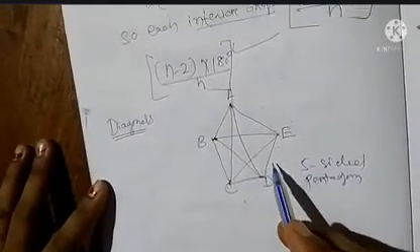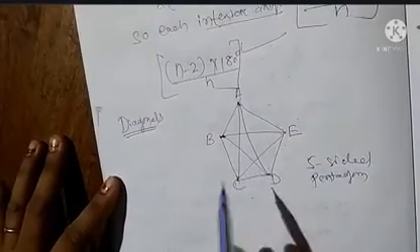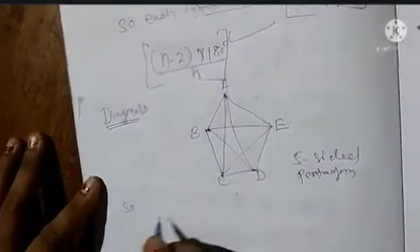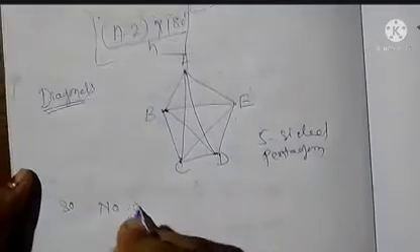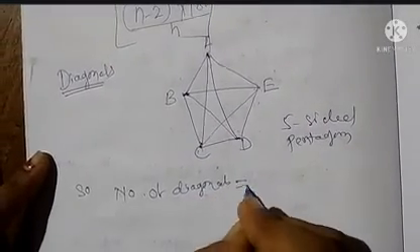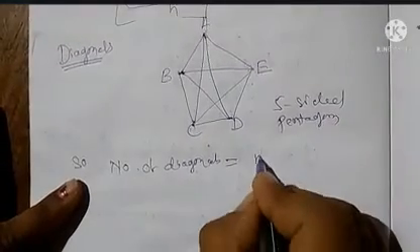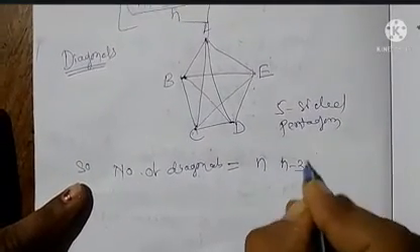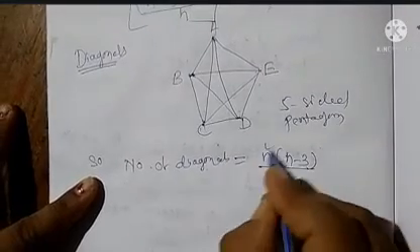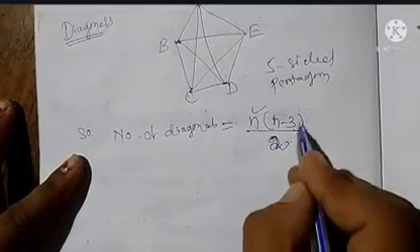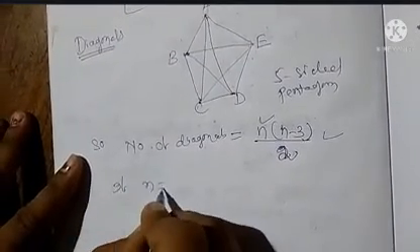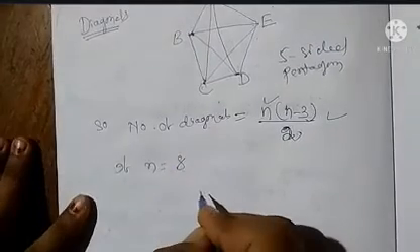So how do we know how many diagonals are there in a polygon? How do we find? So number of diagonals is equal to, that is also a formula, n into n minus 3 by 2. N means number of sides, n into n minus 3 by 2. Suppose if number of sides, n, is equal to suppose 8.